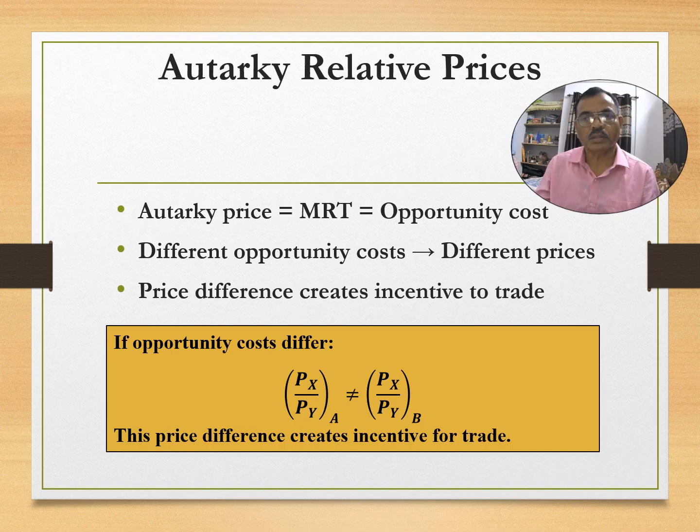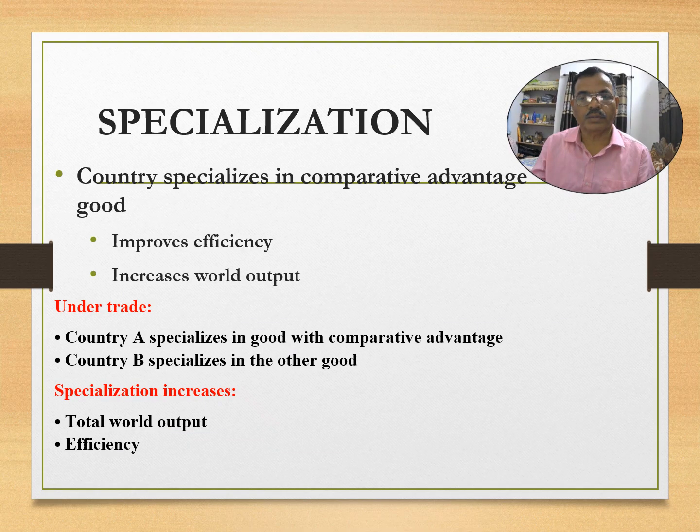What happens once trade is allowed? When trade opens, each country specializes in the production of the good in which it has comparative advantage.